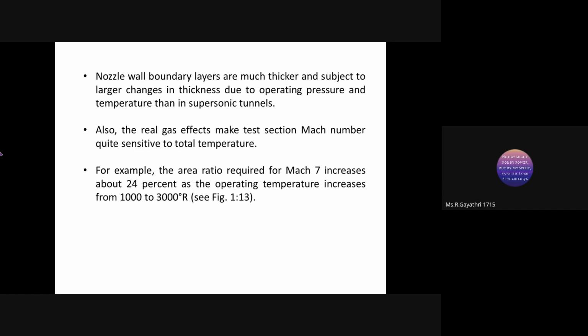This rise is about 24% as operating temperature increases. So the area ratio changes about 24% as the operating temperature increases from 1000 to 3000 degrees Rankine.